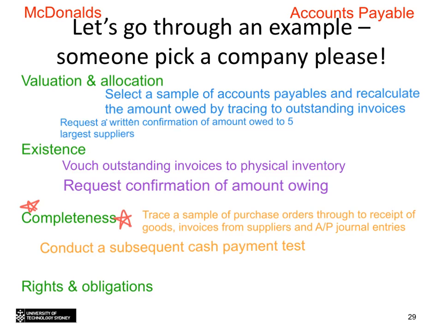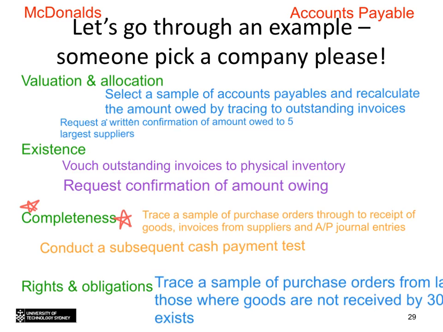So how would I prove that I have a right to recognise, an obligation to recognise that accounts payable? When do I owe the money? When goods are received. All right, so I could do a couple of different things.